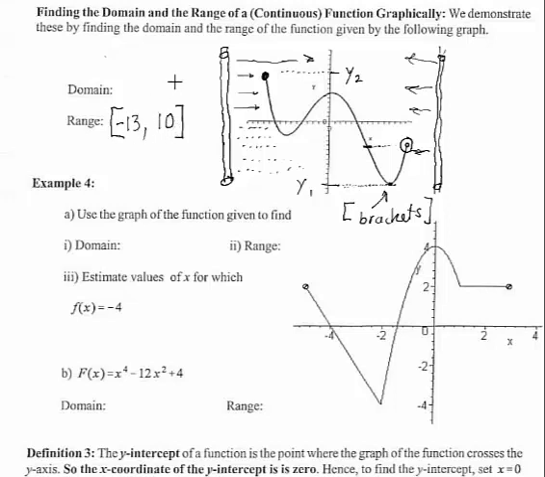For my domain, I think I got negative 12 and 14. So these are the only inputs that I can use and expect to get an output from my range. Alright, so let's take a look at some other functions.